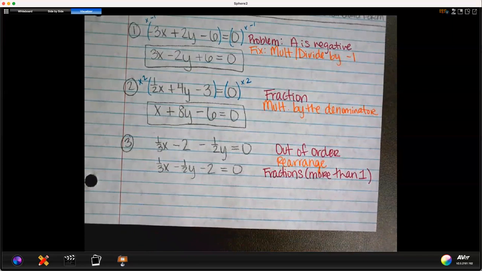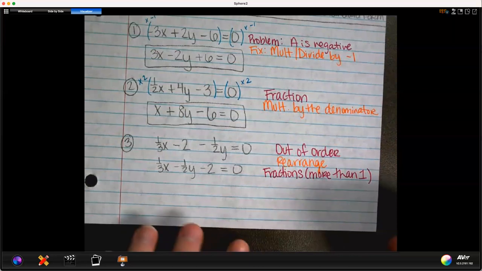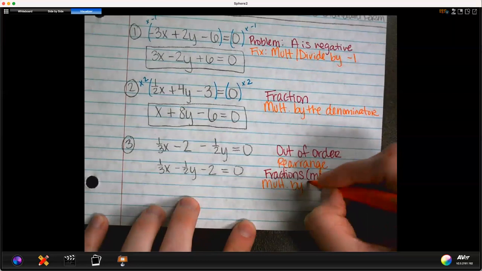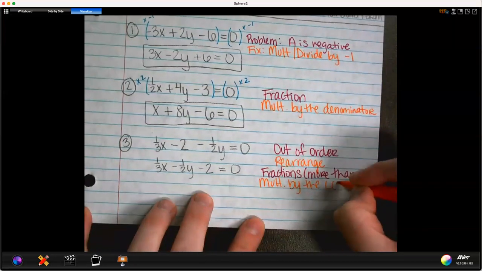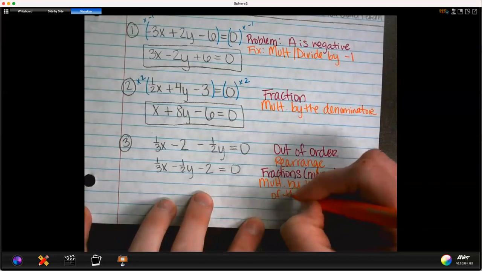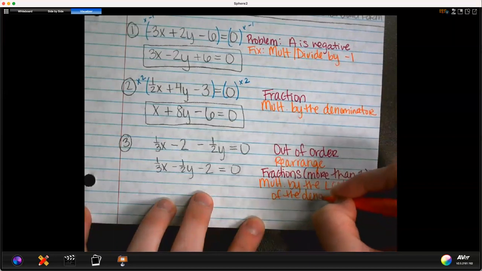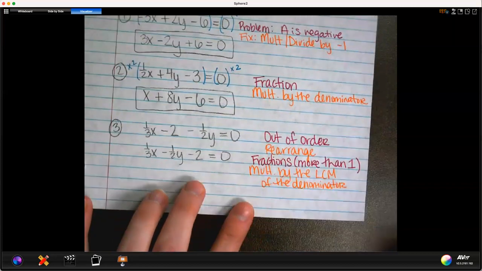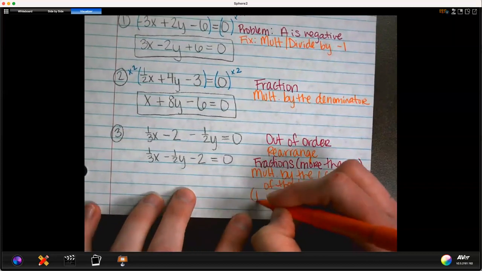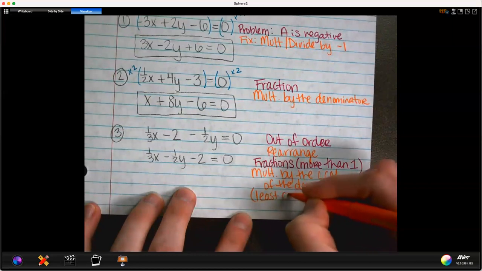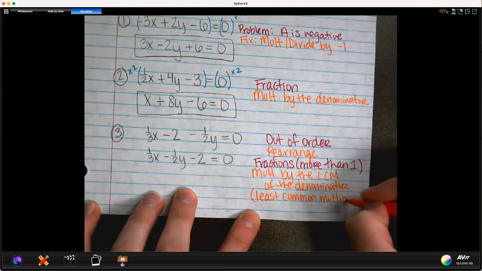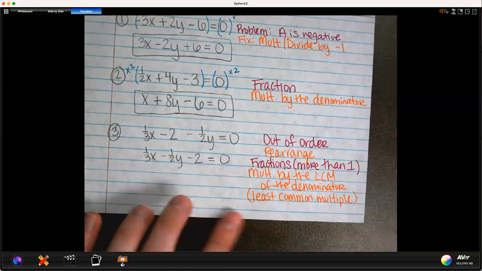Not the greatest common factor, the least common multiple. Good job. Multiply by the LCM of the denominators.